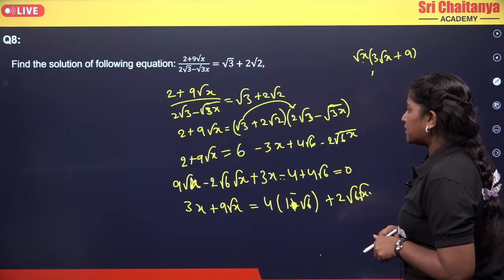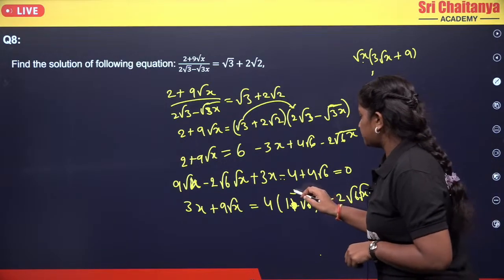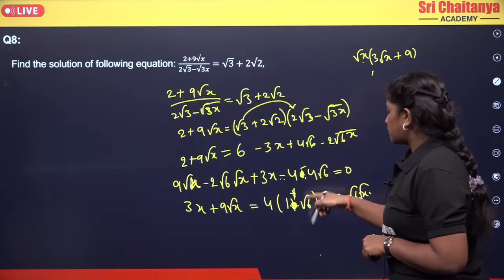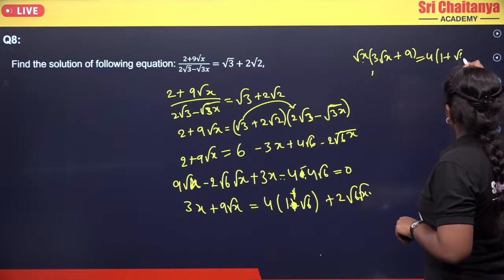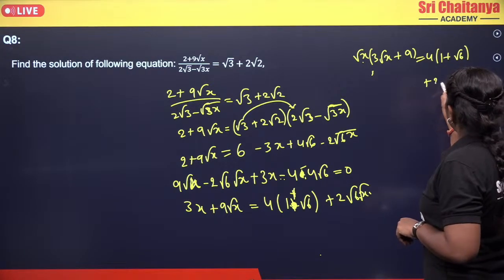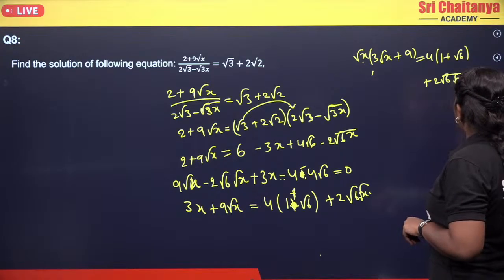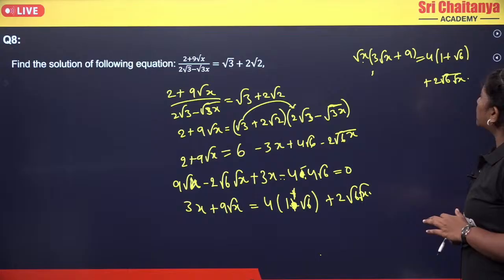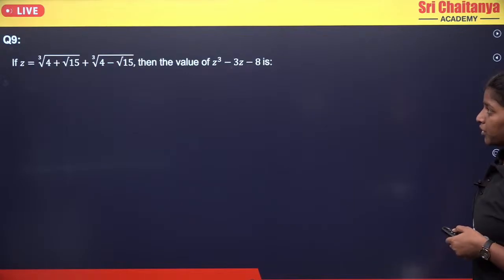So 4 minus, so here you will be getting plus only, right? Why? Because it's changing, it will become minus. So you will be getting your 4 into (1 plus root 6) plus 2 root 6 x, root of x also you will be having. Okay. Now you can take your root x common and you can cancel that. Understood?